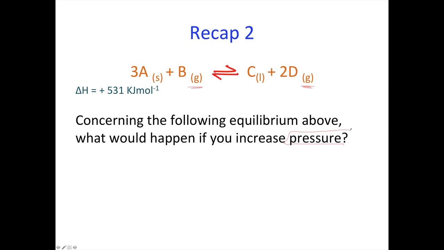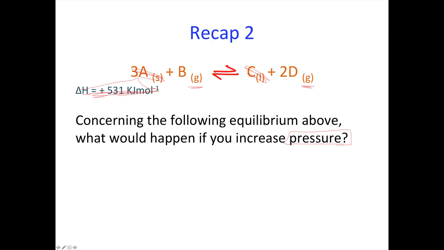So anytime you're dealing with pressure, it's only the molecules that are in the gaseous state. So it means that C is out, A is out. Don't worry about that. As well as this information here will not help you in your question at hand, which is what will happen if you increase pressure on this equilibrium.